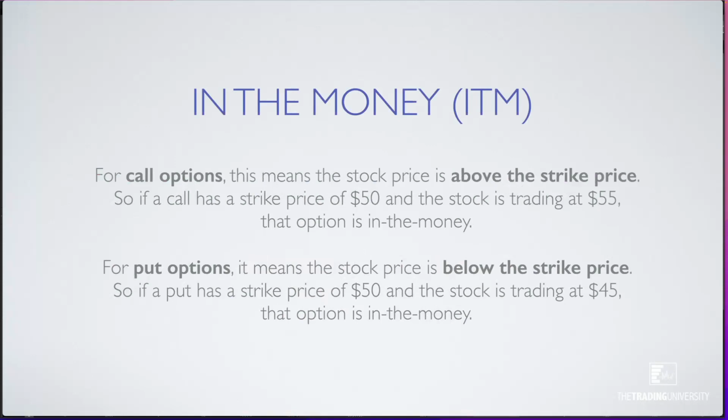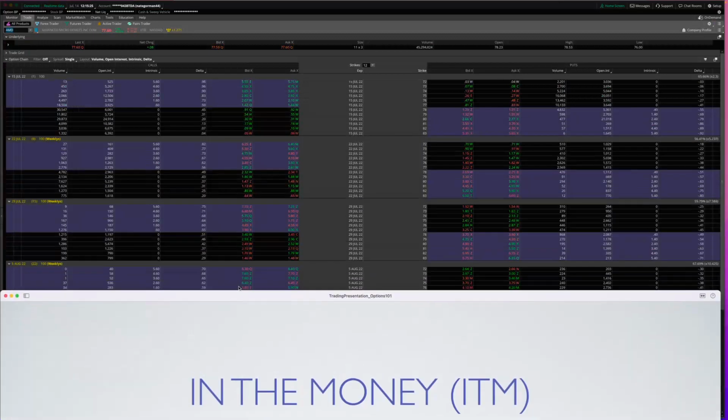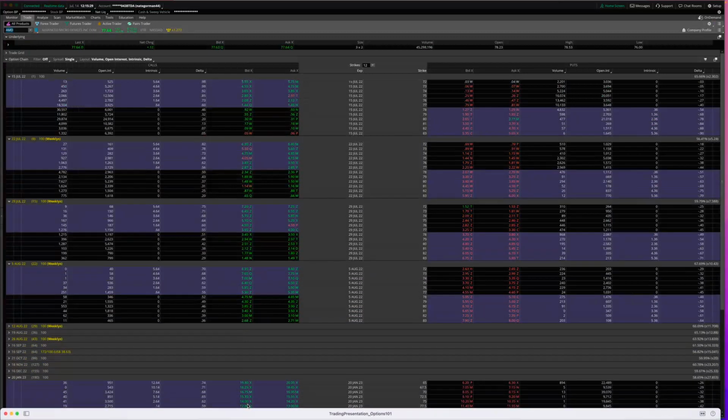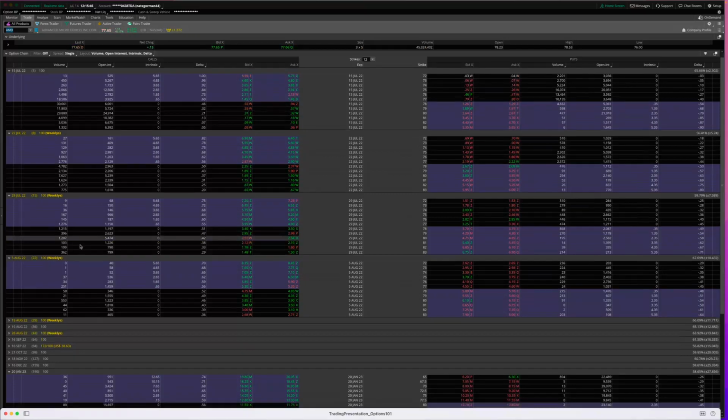So what I wanted to do before we got to this part is show you what an option chain, an option strikes, looks like. And so here is Thinkorswim. We have AMD pulled up. We have our different expiration dates. We have July 15th, which is tomorrow. We have July 22nd, which is next week, and so on.